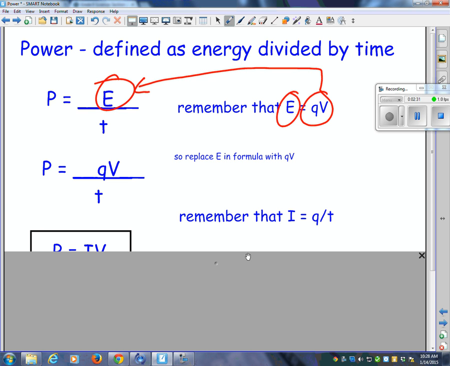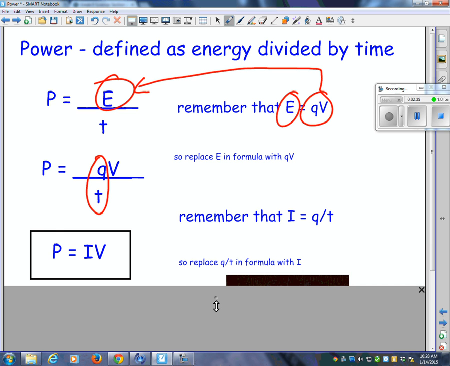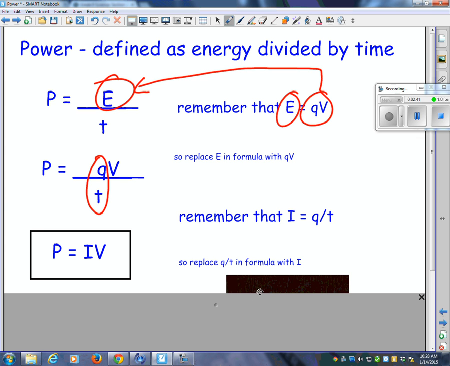So this Q over T can be replaced with I, and you get the boxed in formula P equals IV. That's the one you need to remember. I just showed you probably your first formula derivation. We came up with a new formula based on old ones.